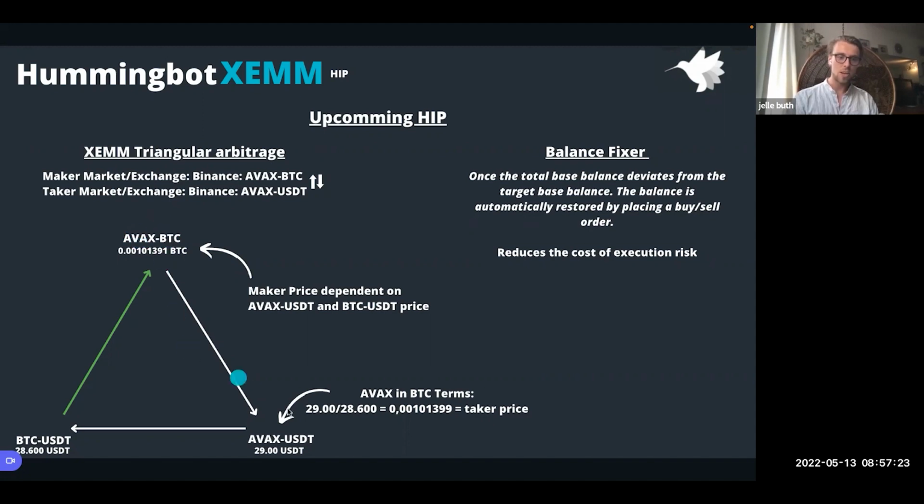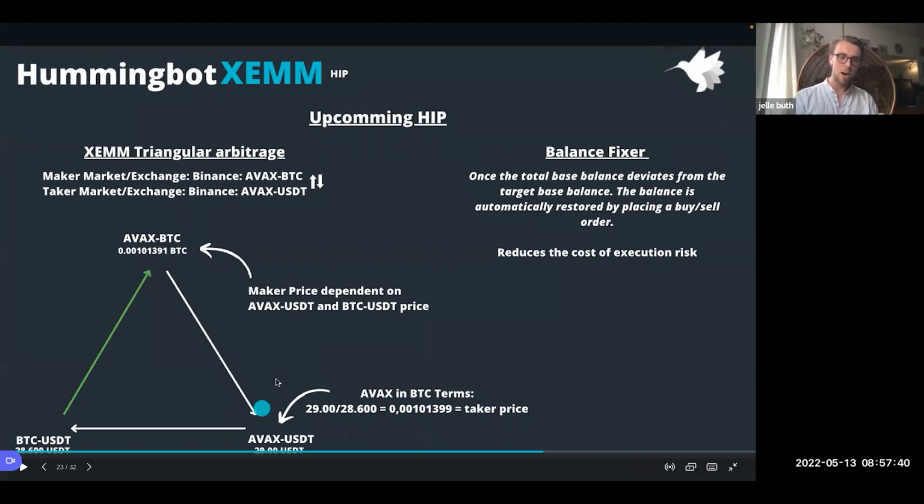That means you'll buy the same amount of AFEX on your taker exchange, and at the same time you're also selling the BTC that you've just increased your position in. So there are 3 trades happening. First, your AFEX BTC, then you buy or sell your AFEX for USDT, and then you also increase or decrease your BTC exposure to effectively trade delta neutral again.